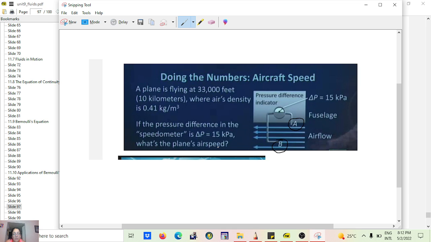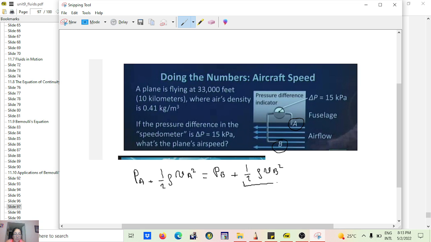So the pressure at A is going to be low, but it has kinetic energy. And we are not going to consider the difference in height, and it's going to be pressure B, which is really high, but there is no more kinetic energy.